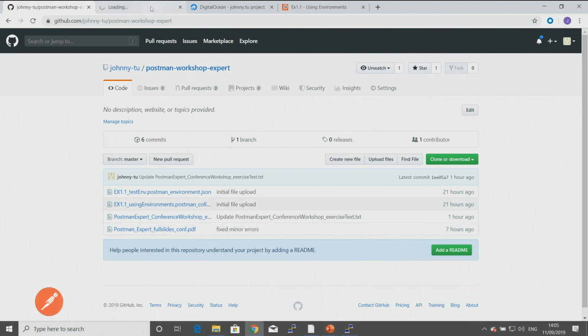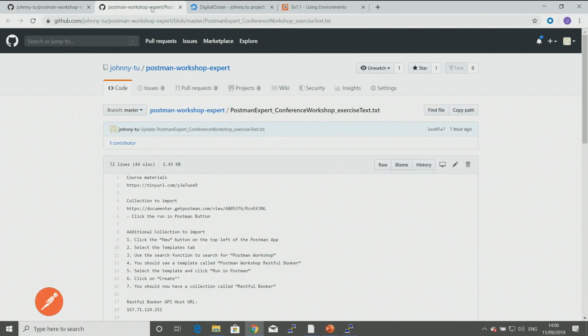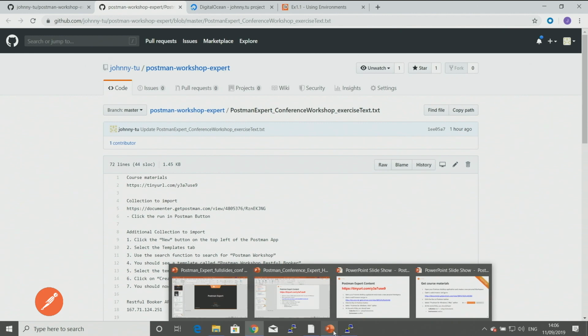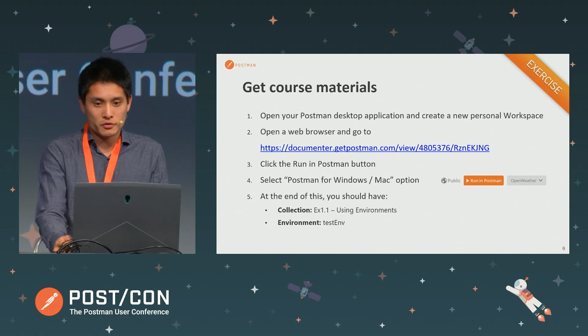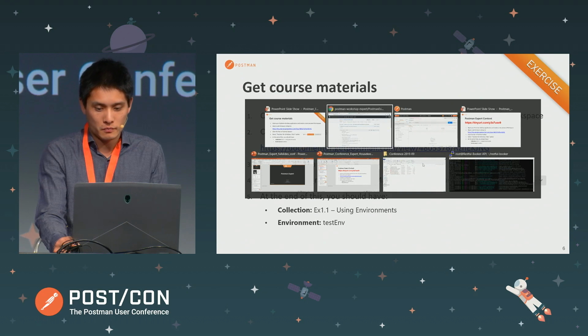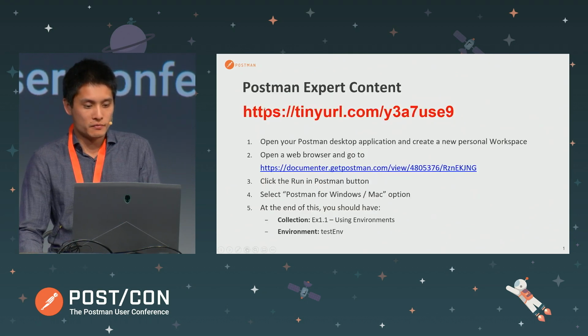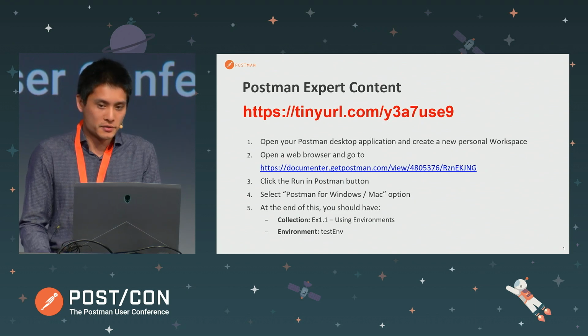And that text file will have the instructions as well as the links. So you can see there, course material, collection to import, and you can copy and paste that in. So I'll give you guys some time to have that set up. Do you need the repository URL? Yeah. OK, so this is the repository URL. And then from there, you can get the rest of the links.